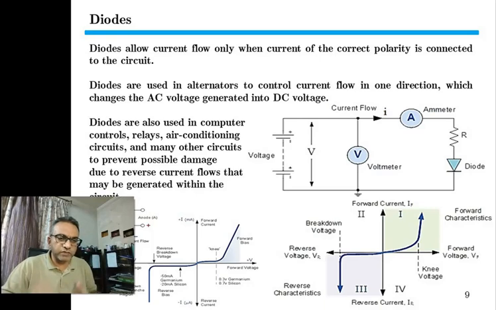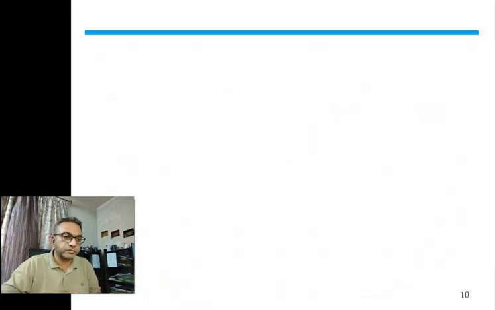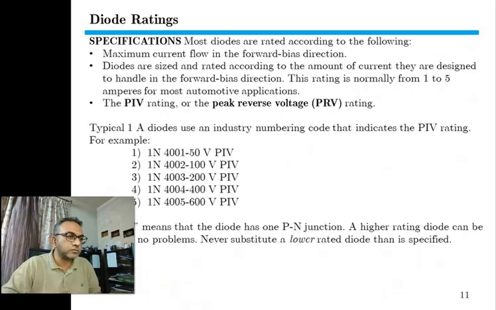The diode is forward biased in the first quadrant and reverse biased in the third quadrant. Then we discussed the specifications of a diode in terms of current and peak inverse voltage, and also the diode models which are readily available in the market.